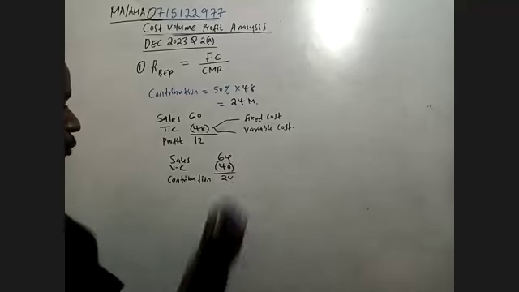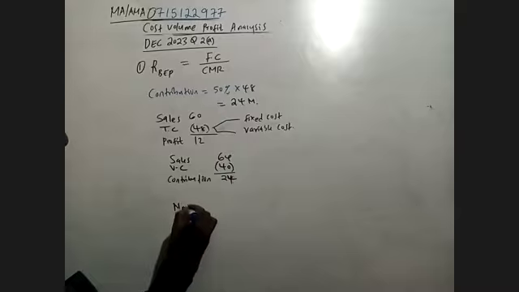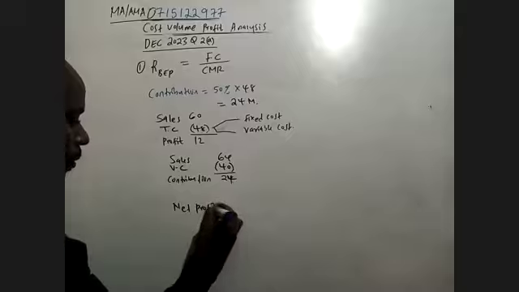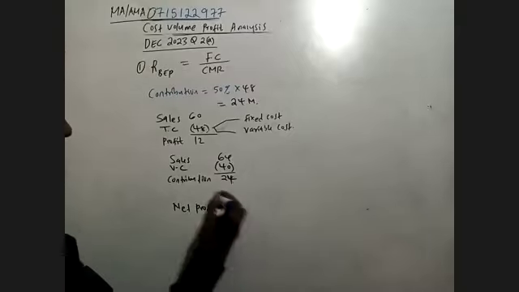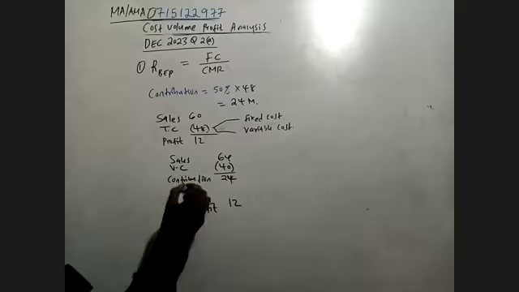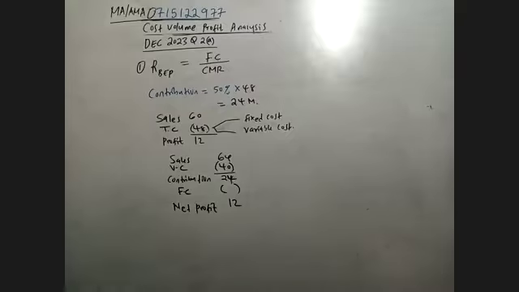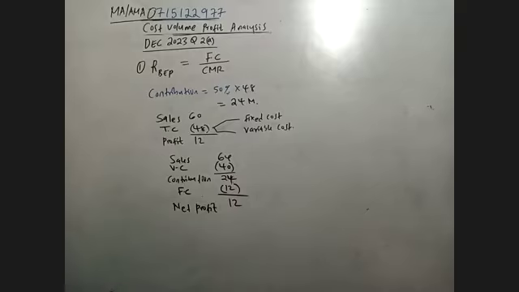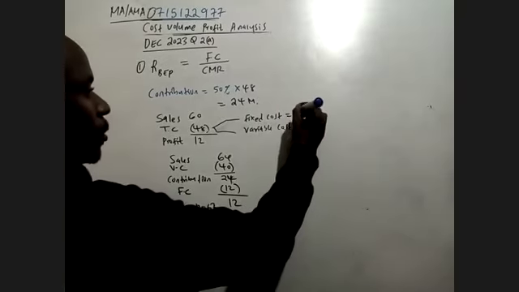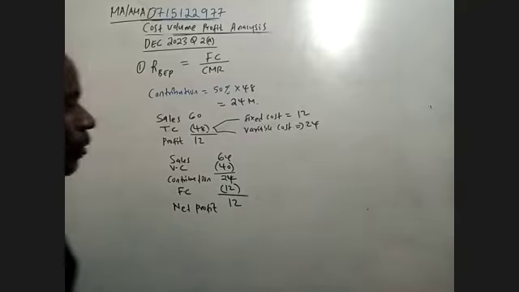So we need to less 40 to get 24. But remember our net profit. Our net profit we were told is 12. Now how am I doing this? To get our net profit, that will be our fixed cost. So how much have we less to get that one? I think 12, to get 12. So meaning our fixed cost is 12. Our variable cost is 24.